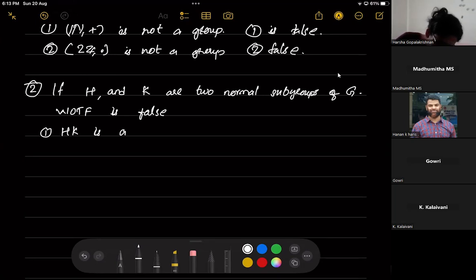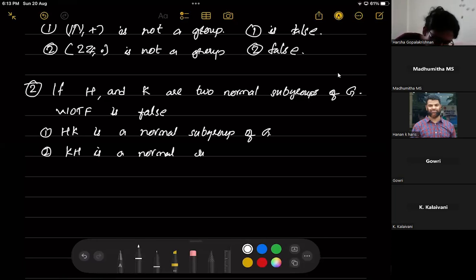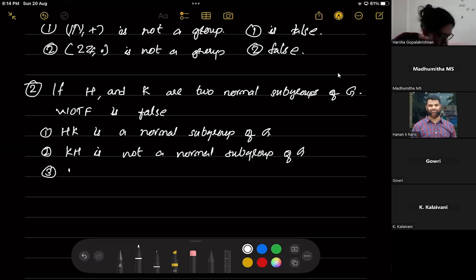HK is a normal subgroup of G. The second statement is KH is a normal subgroup of G. And third statement is H intersection K is a normal subgroup.